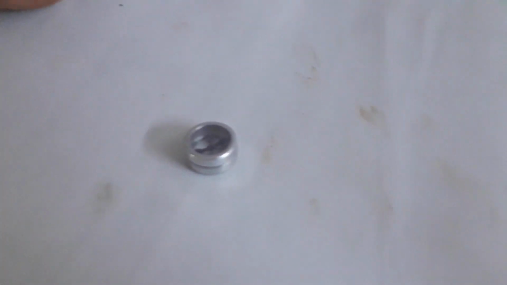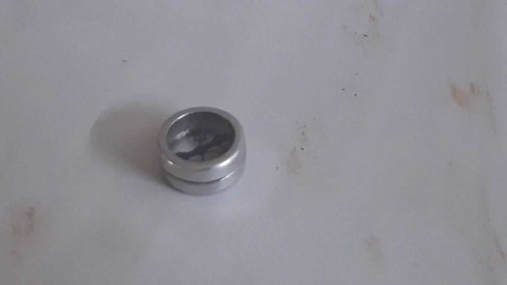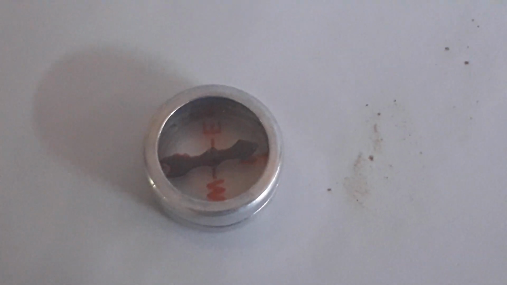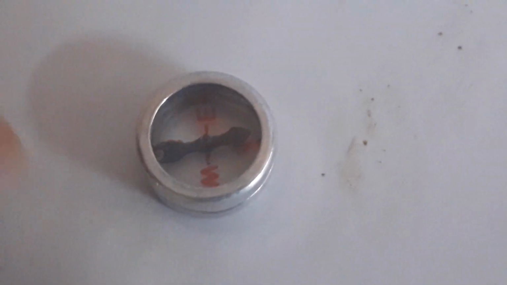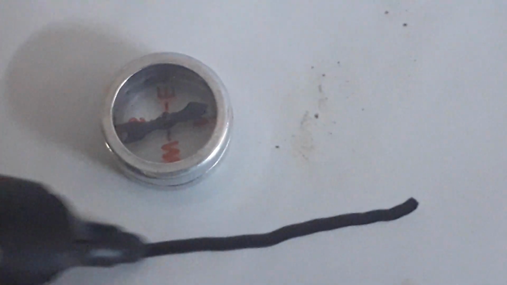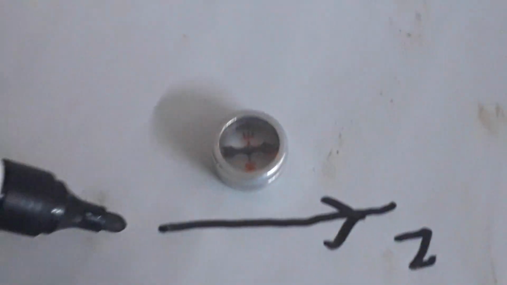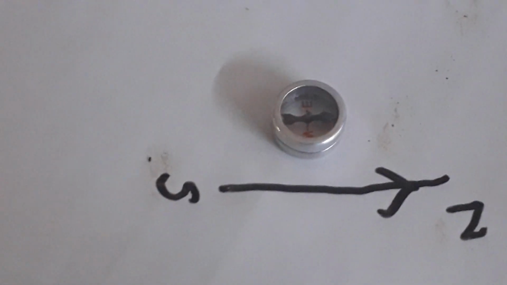Let's remove all the magnets from here and only observe. Can the videographer see the needle clearly? Is it visible? Yes. See, your needle is showing this direction. So that means this is the geographic north and this is the geographic south.